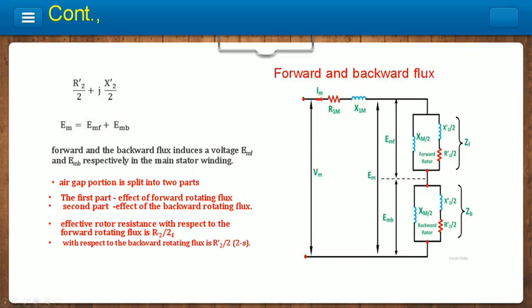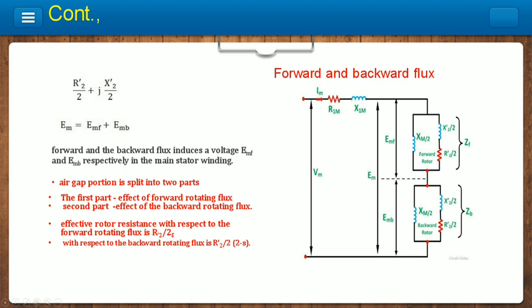So we have two shunt branches, and due to the forward flux and backward flux, we have two induced EMFs, EMF and EMB, in the main winding. So the overall impedance can be found as ZF and ZB.